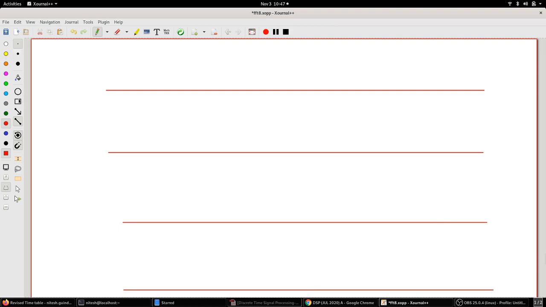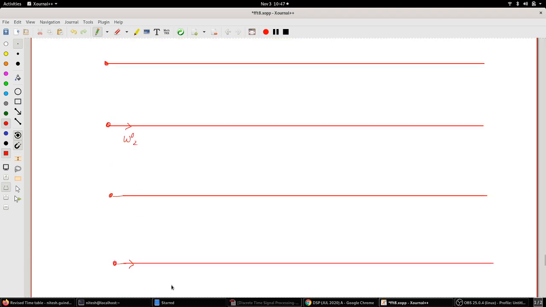Okay, so this is your 4-point structure, let's say. You know that we start off with a 2-point structure and then go towards the 4-point structure, right? So here what I'll do is, this will be W0 of 2, this will be W0 of 2.